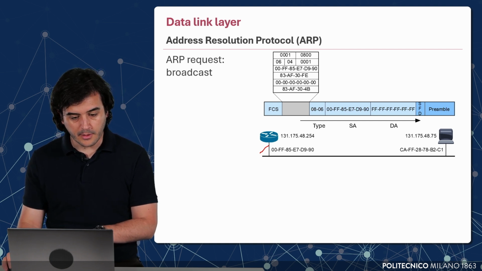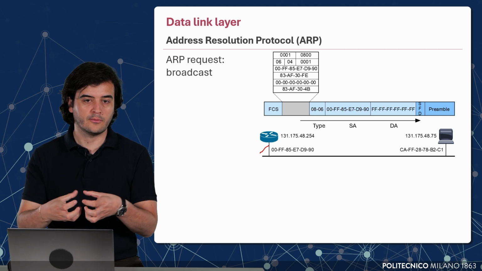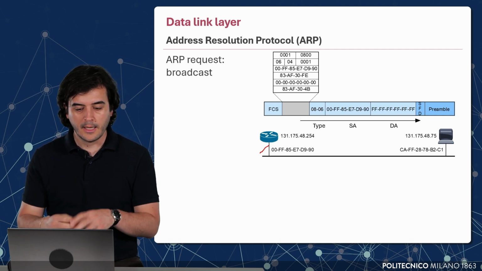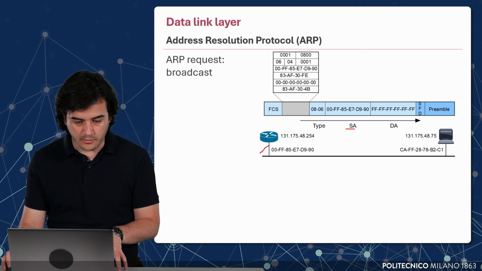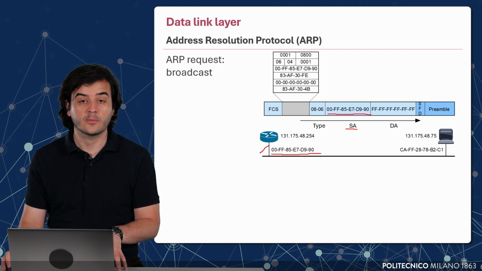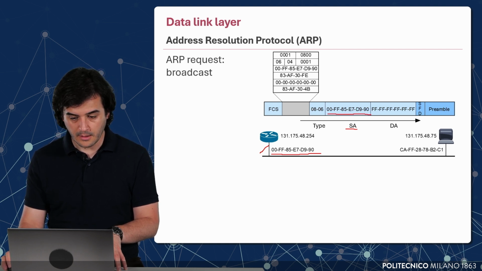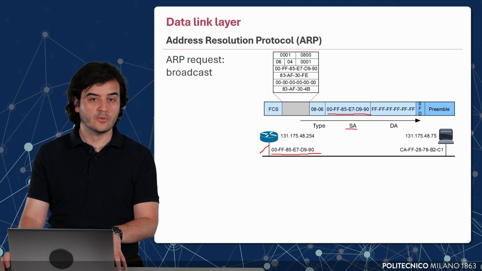In this ARP request, the content of the message is such that the source address corresponds to the MAC address of the source. So we see that the MAC address of the router matches the source address of the message which is being sent. And the destination address in this case is F, as we have defined before.